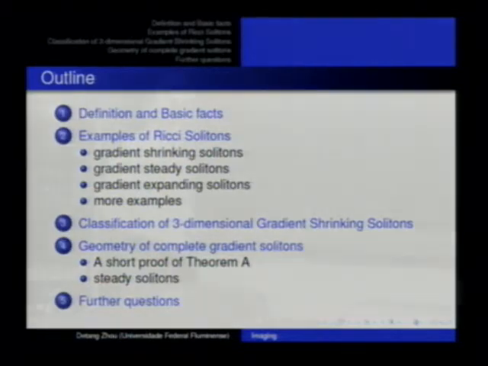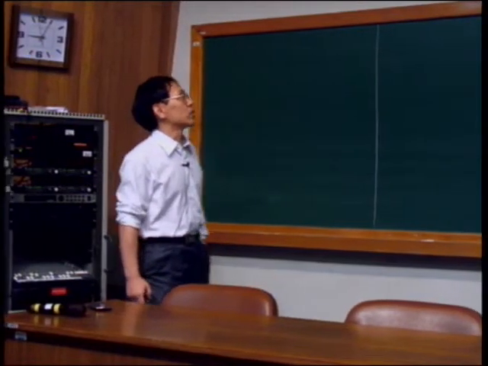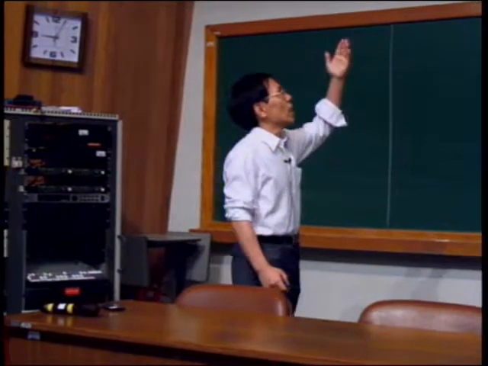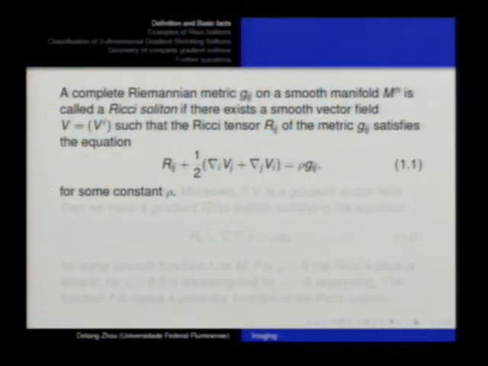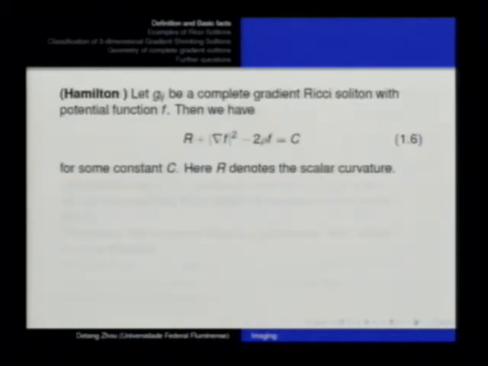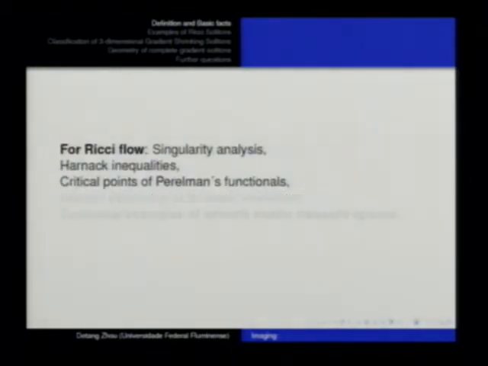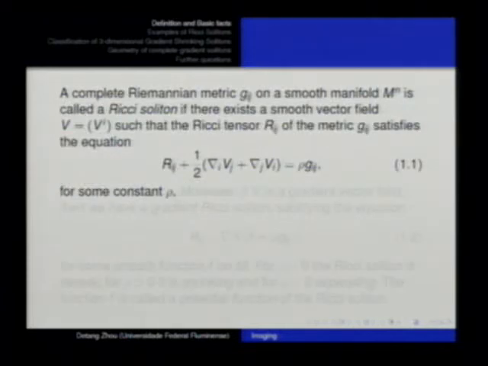Okay. So what is a Ricci soliton? A Ricci soliton is a complete Riemannian metric on a smooth manifold, together with a smooth vector field, such that the Ricci tensor satisfies this equation, where rho is a constant.